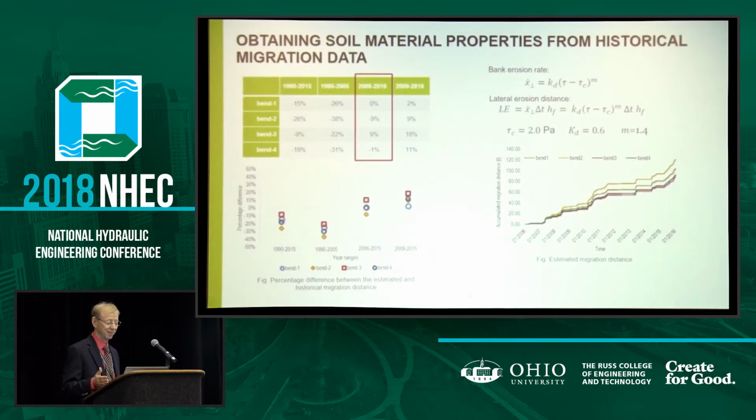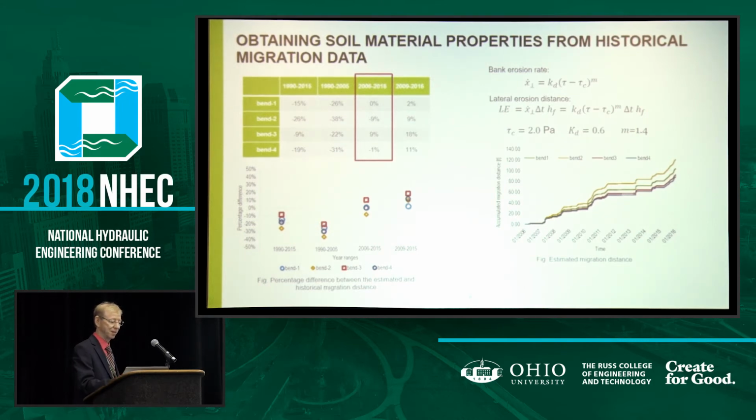So we had pretty good photographic data going back to 1990, and we split the erosion up into several time periods. And we chose the 2006 to 16 period to determine the constants by correlation.